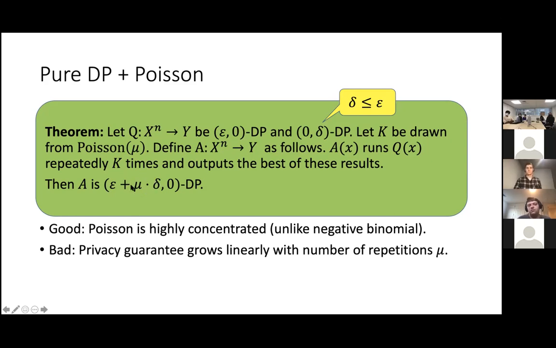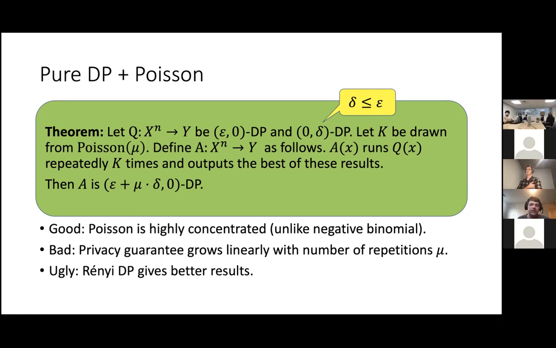This privacy parameter grows linearly with mu. Still, it is an improvement over composition because we're multiplying that mu by this delta parameter. Hopefully your algorithm has a small total variation stability, 0 delta DP, and that means you get something growing linearly but slowly.